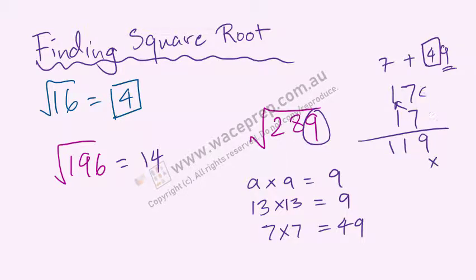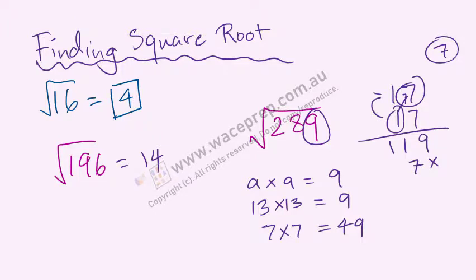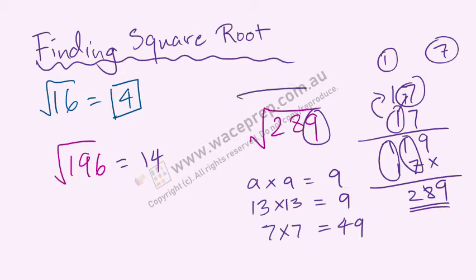Now next one, 1 times 7 gives us 7, which goes right there, and 1 times 1 is simply 1, and that goes right there. As a result, we have 9. 7 plus 1 is 8. 1 plus 1 is 2. 289, which is exactly what we need.